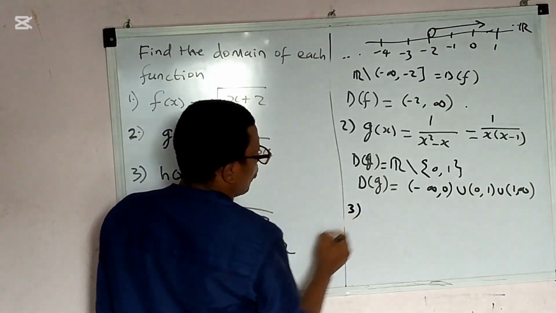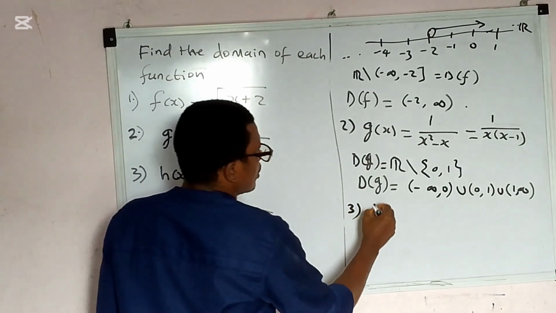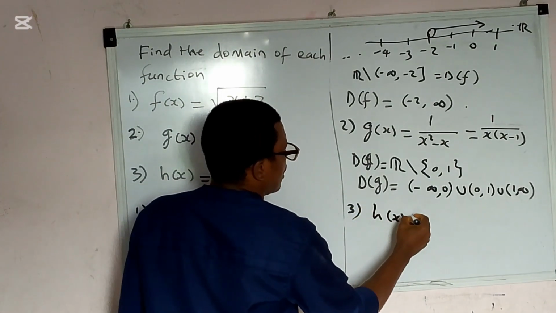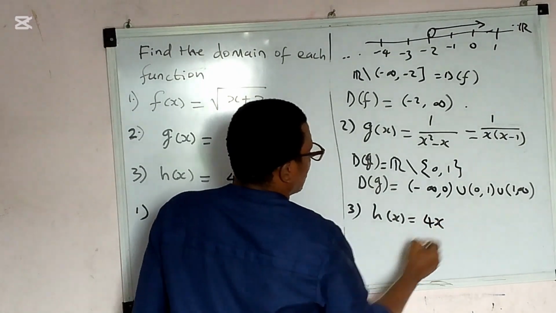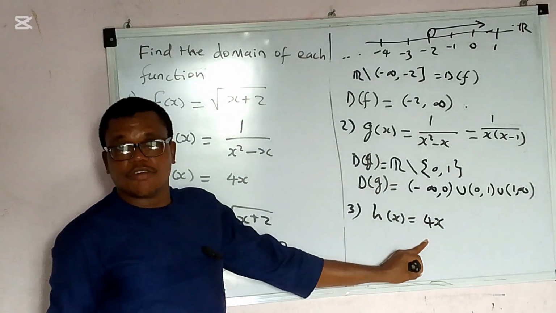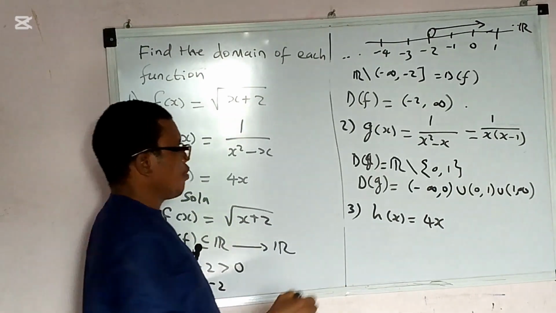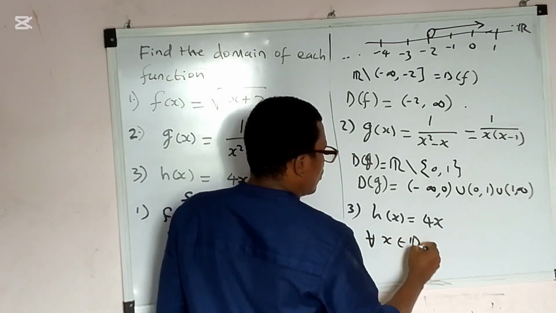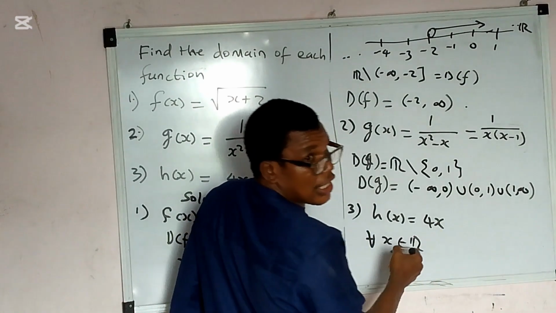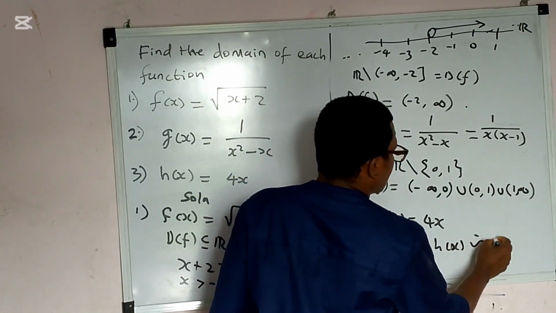Lastly, the last problem is a function that is described as h of x is equal to 4x. Now you discover that this type of function will make meaning for all values of x in R. So for every x in R, this function does make sense. h of x is defined.